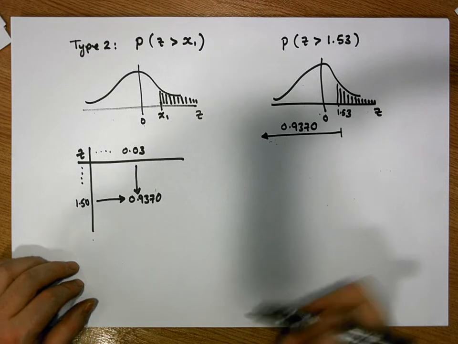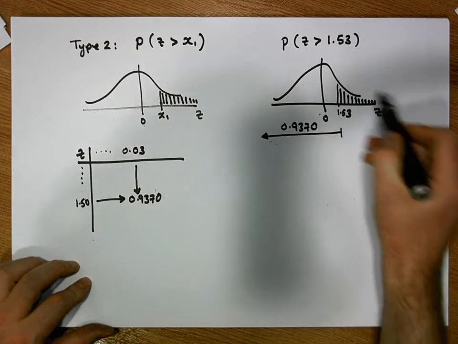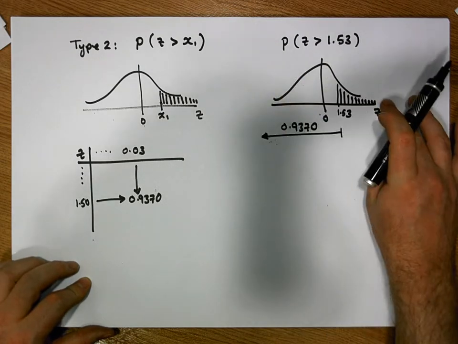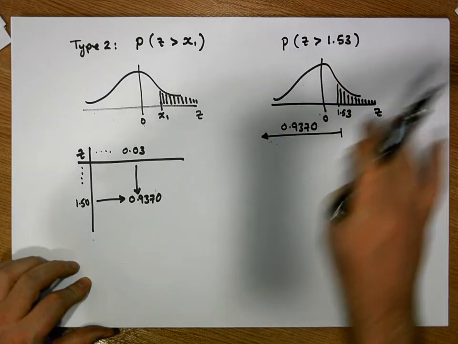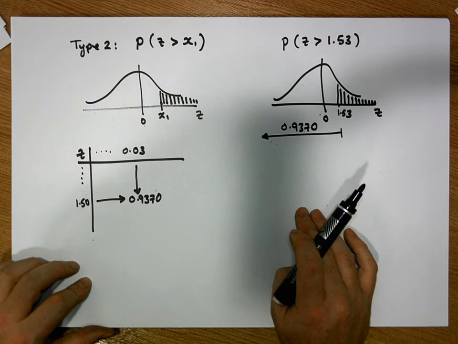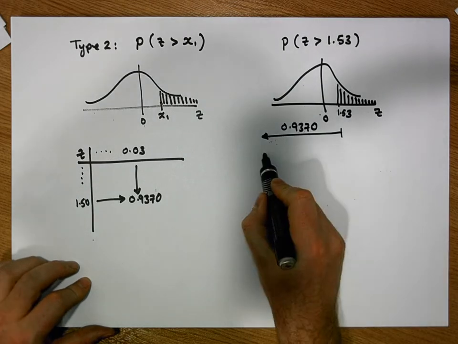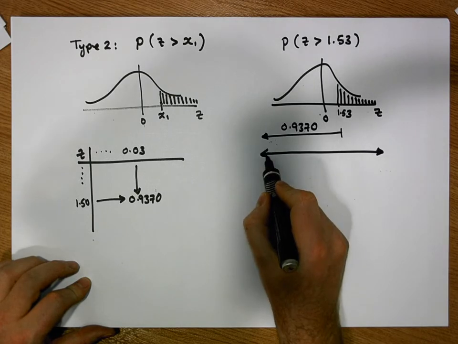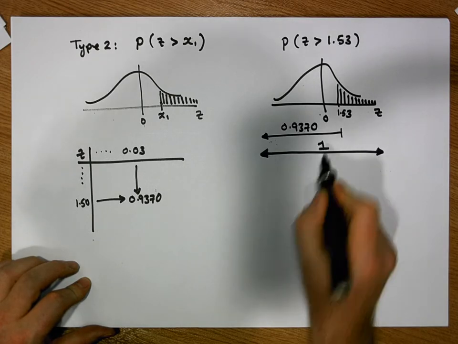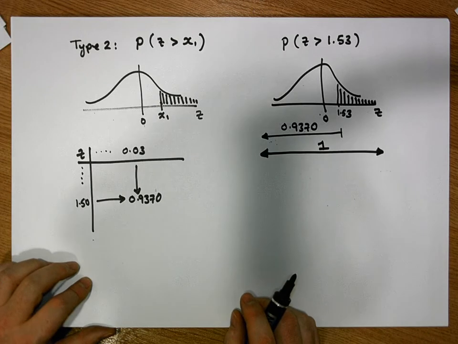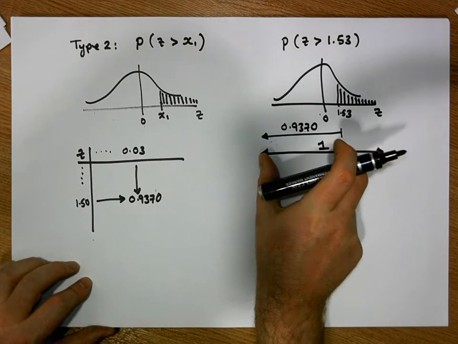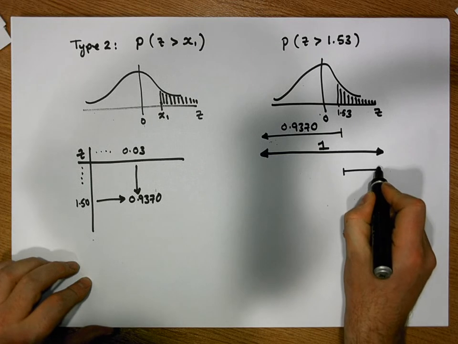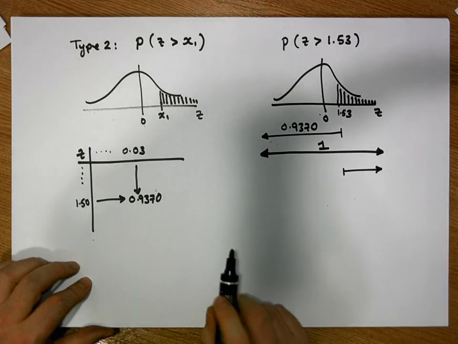Let's remember one of the properties of the standard normal distribution, and that property is that the total area under the curve, bounded by the curve and this horizontal z-axis, is 1 unit. So the area under the curve out to positive infinity and negative infinity is 1 unit. Hopefully what we can see is that if we take the shorter line away from the longer line, what we're left with is the portion of the line that's pointing in the negative direction.